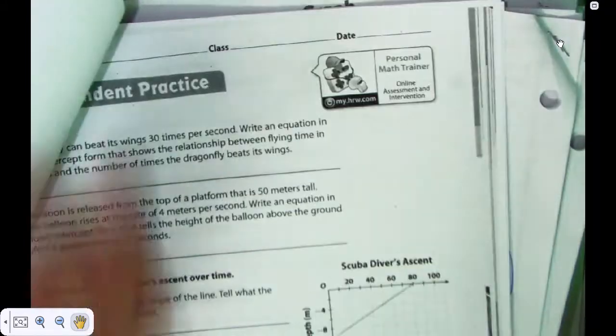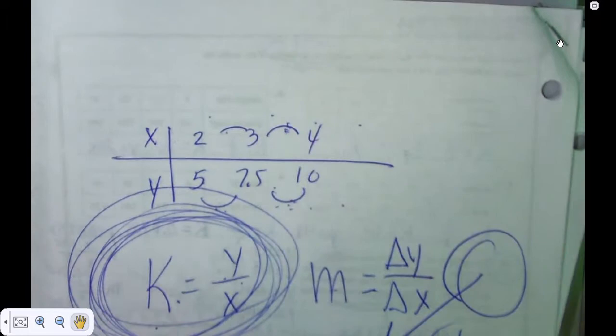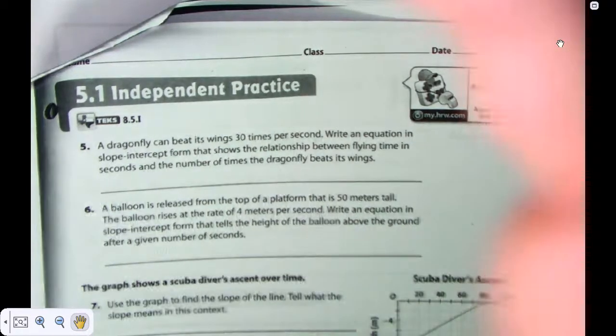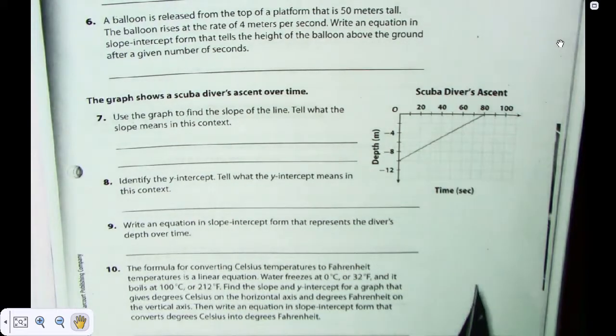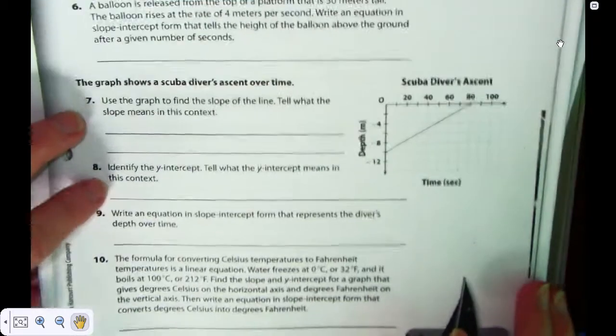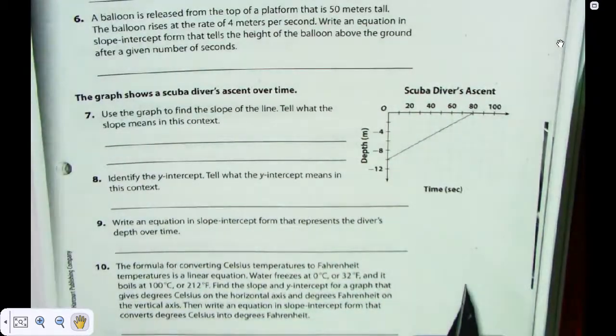Now page 133. Pay attention. We're going to do 7, 8, 9. Then you're going to do one just like it on the next page. Look at number 7. I love this graph. They put a good one on here, because it looks a little different than what we've been doing. What quadrant is that?